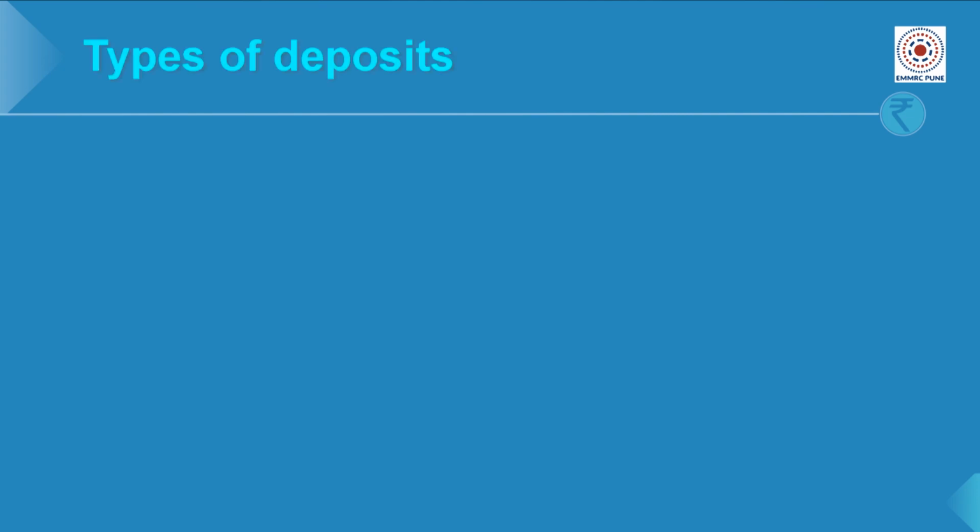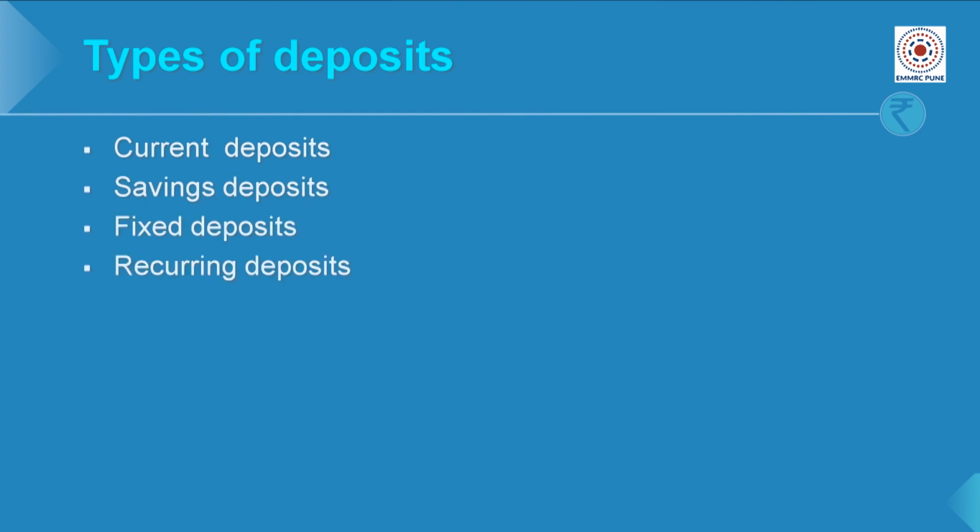There are four types of deposits, namely current deposits, saving deposits, fixed deposits and recurring deposits. Customers who deposit money into these accounts effectively lend money to the bank and are paid interest. However, the interest charged on deposits is always lower than that charged on the lending rate.